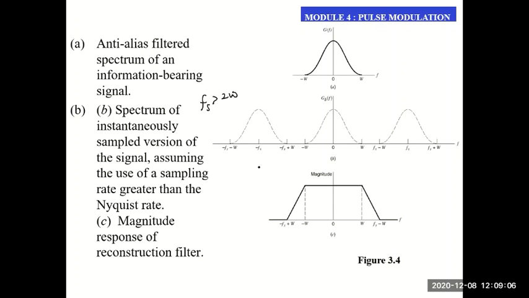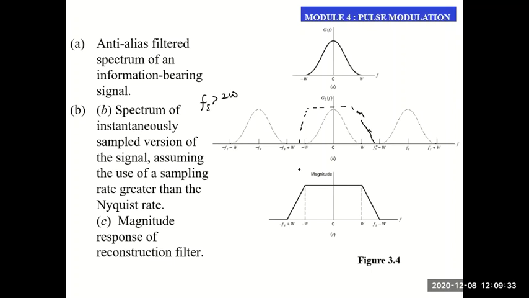And the reconstruction filter, remember, reconstruction is to extract the message signal. If this is my message signal, yes or no? This is the interesting message signal. To get that message signal, the filter which I have to use, the reconstruction filter, should have a magnitude response and frequency response something like this.